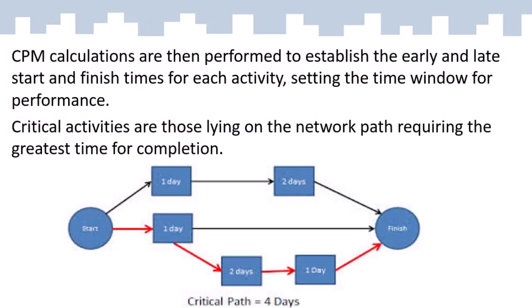So critical path calculations are then performed to establish the early and late start times for each activity, setting the window for performance. Critical activities are those lying on the network path requiring the greatest time of completion. So basically what we're saying is that if I went this way first and went to this task, and did 1 day, 2 days, then finish 3 days, when I've got basically 4 days down here, it's impossible to complete that in planning.